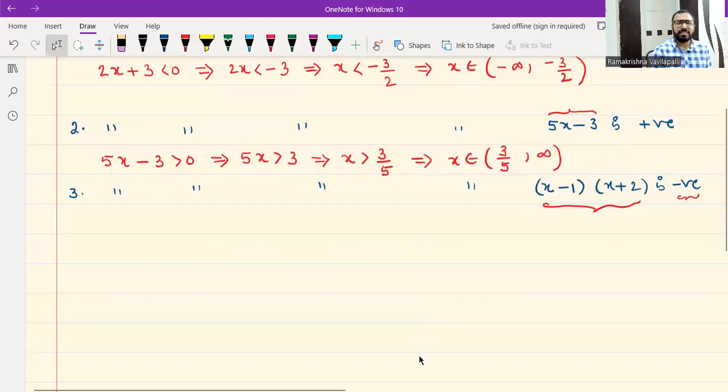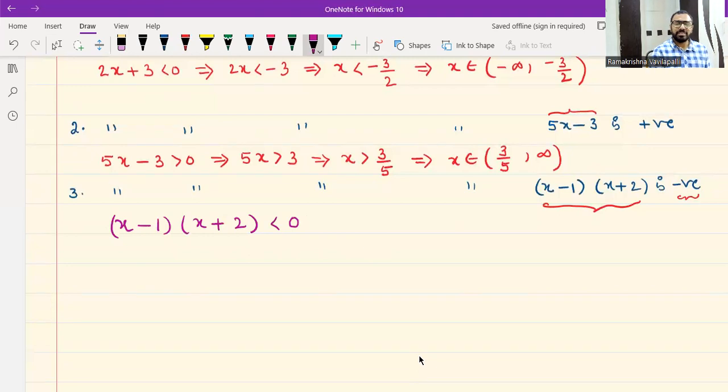We want this. So here I will explain how to find values of x belonging to R for which the given expression is negative. So we want x minus 1 into x plus 2 to be negative.